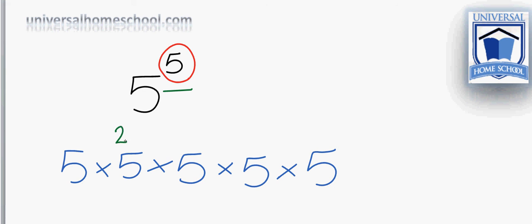5 times 5 would be 25. Times 5 would be 125. Times 5 would be 625.